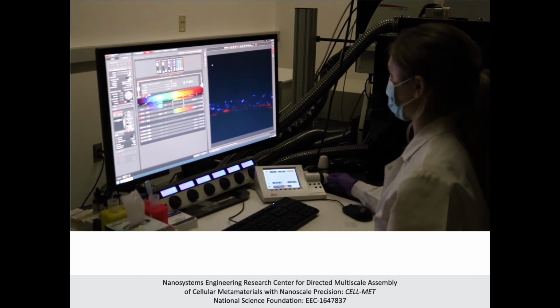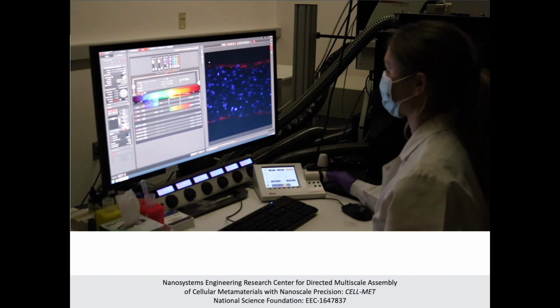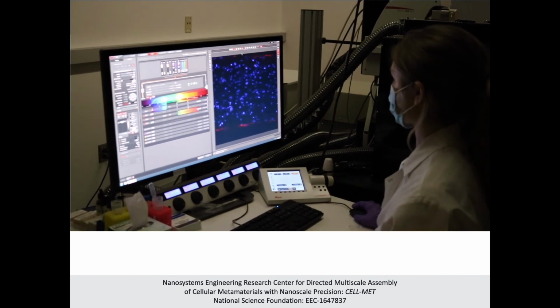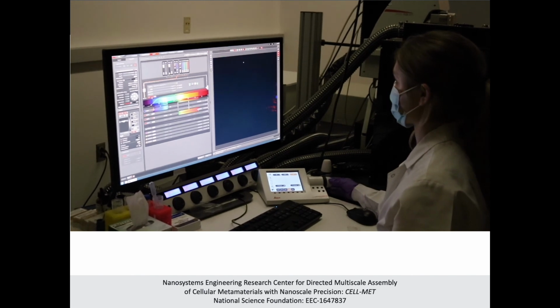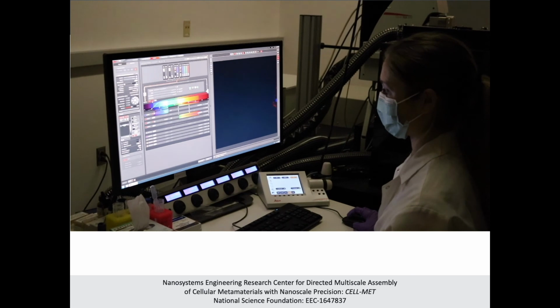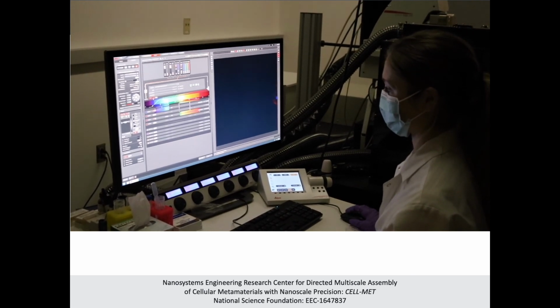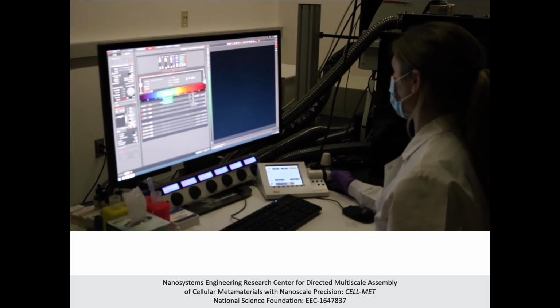We then can study the contraction like I showed you earlier, but we can also look and stain these tissues for different proteins within the cells and proteins from the extracellular matrix or ECM. So this is me looking at some of the proteins and markers that I stained for that are important for my study.